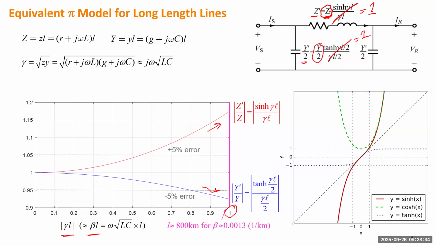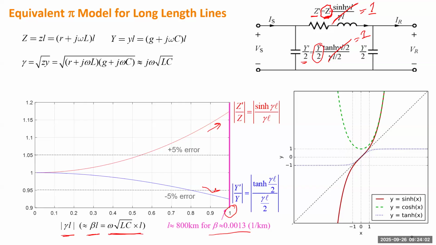From the previous slides, beta L can be calculated by this formula: the frequency multiplied by the square root of L times C, then multiplied by distance. So for the overhead line operating at 60 hertz, beta is typically 0.0013.